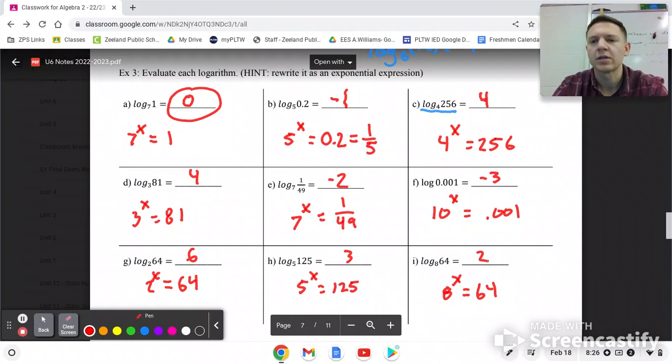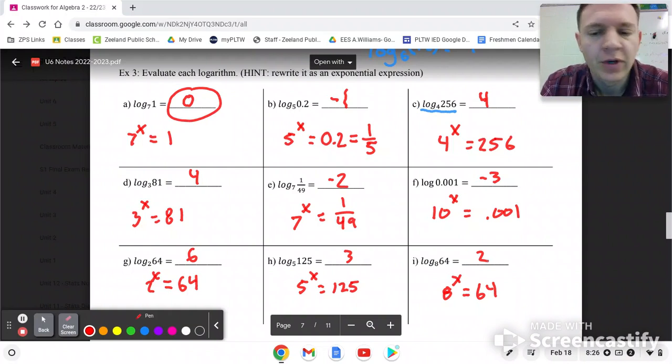Some you might need a calculator just to check. That's logarithmic functions, switching from logarithms to exponentials. The fact that they're inverse of each other, that's lesson 6.2. You're more than ready to tackle your assignment. And of course, please ask questions or save your questions for me.